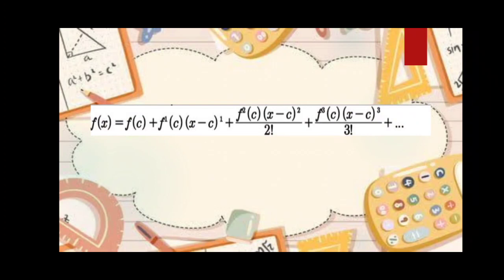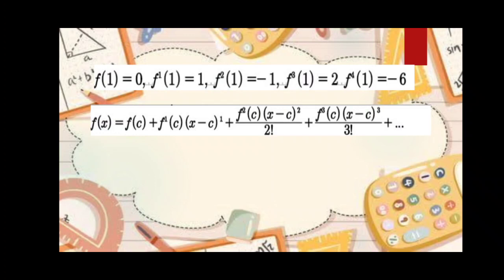Then f of x is equal to f of c plus f prime of c times the quantity of x minus c, plus f double prime of c times (x minus c) squared over 2 factorial, plus f triple prime of c times (x minus c) cubed over 3 factorial and so on.